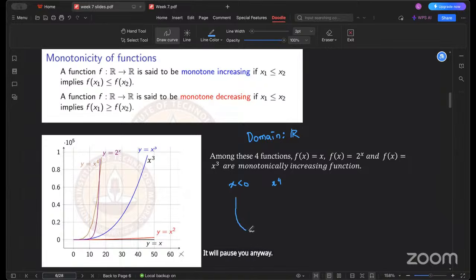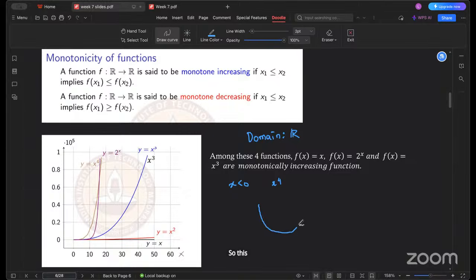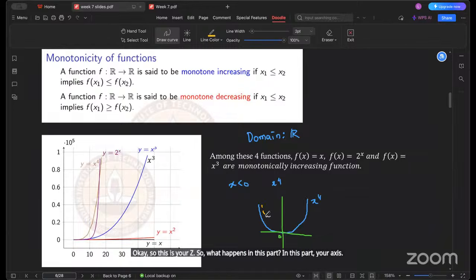The graph looks like this for x power 4. Sorry, this is very bad, I'm not very good at drawing, but your x power 4 will look something like this. So this is your 0. What happens in this part? In this part, the function f is decreasing, and then it's increasing.